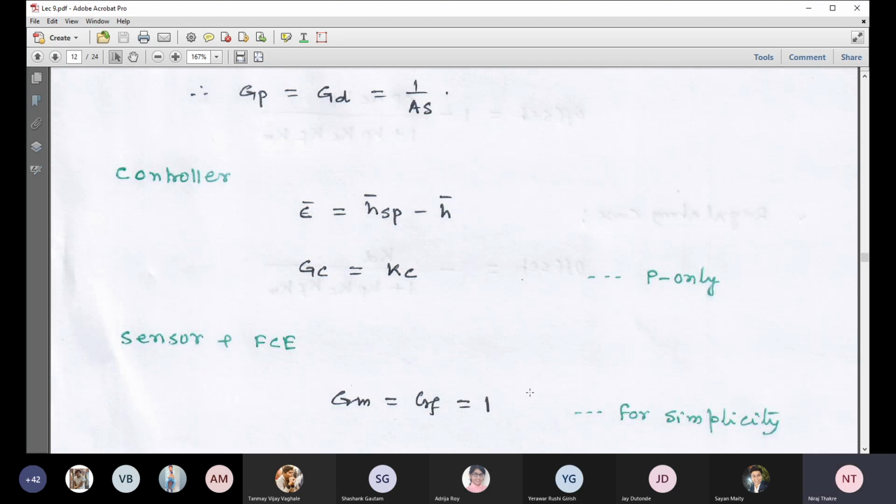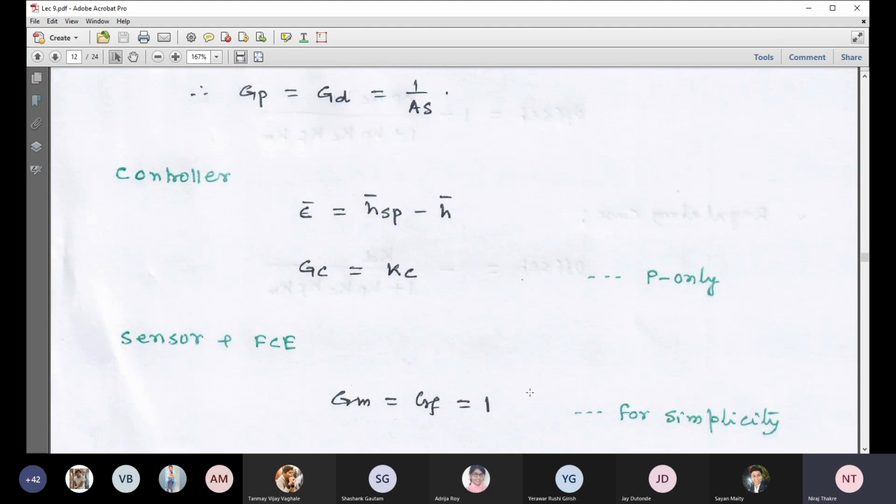Now you go to the second step. Find the closed loop transfer function equation using equation 6. Student, you proceed. All 5 individual transfer functions are known to us.